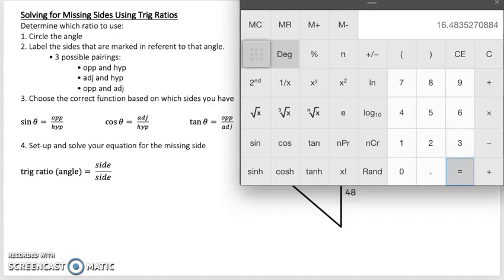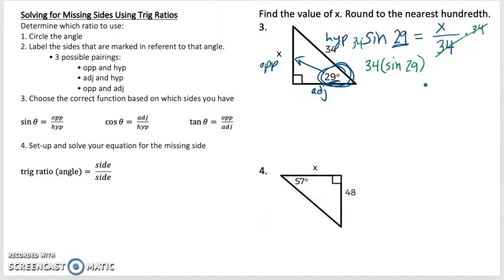This one said round to the nearest hundredth, I believe, so 2 decimal places, so it should be about 16.48. So x is approximately 16.48.